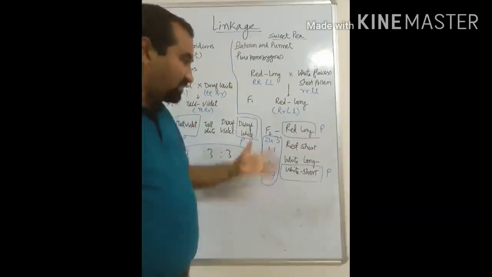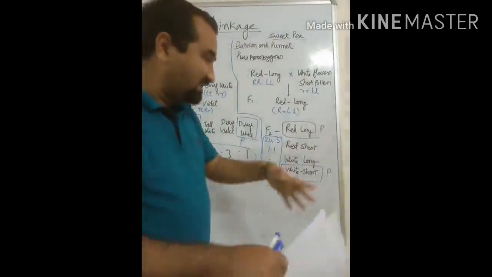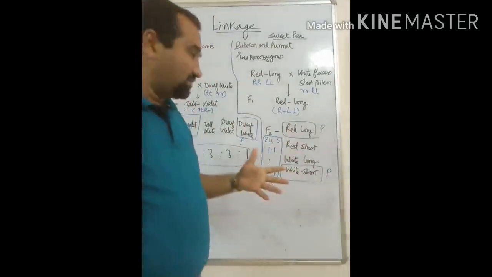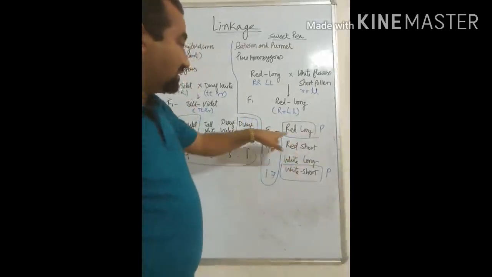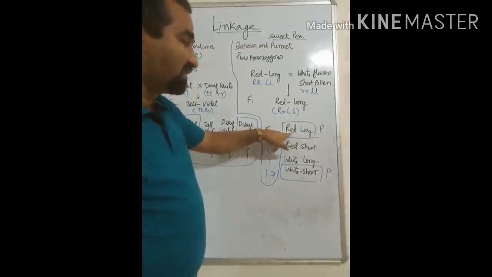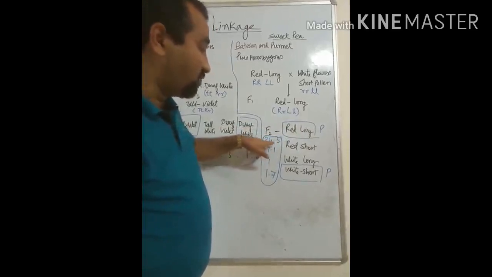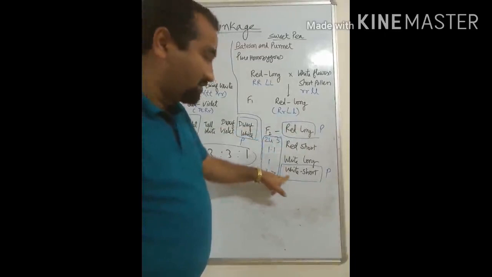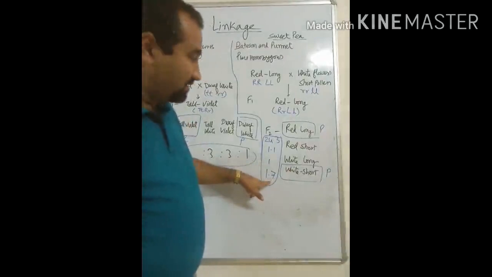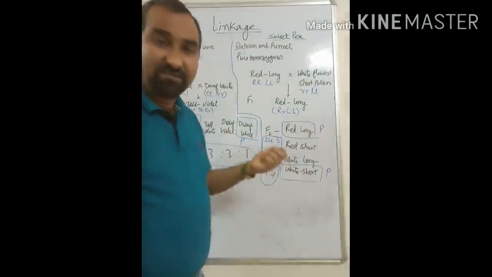But the total number of plants produced in F2 generation were segregated in 4 different phenotypic classes, and the ratio of their segregation was that plants having red flowers and long pollen were in a ratio of 24.3, and the other parent was in a ratio of 1.7, and the new combinations were underrepresented.